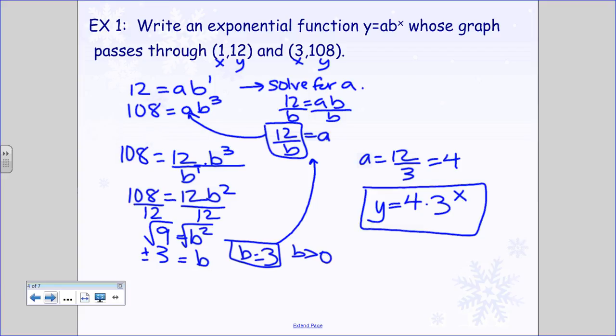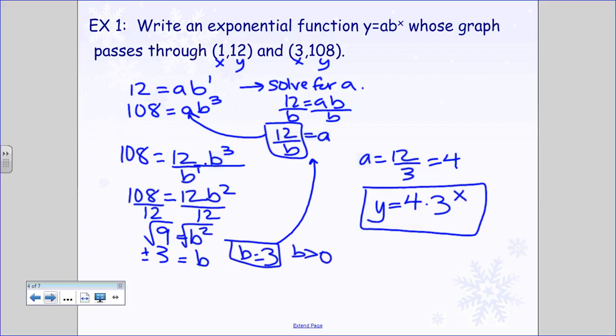Now, it would have worked the same way if you had solved for a in the second equation. You would have just had something different to substitute in, and a little bit different of a process, but same idea. So I would just always solve for a, because that will be easier to solve for in general.